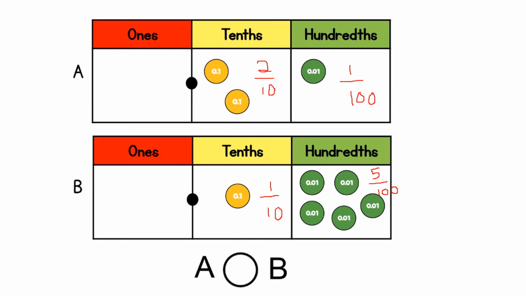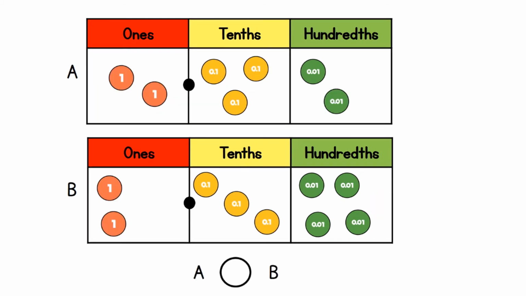There's 100ths and 500ths. So the first one would be 0.21, and the second one would be 0.15. So 0.21 is greater than 0.15, so A is greater than B, and the symbol that we would put is this. Let's take a look at another one.